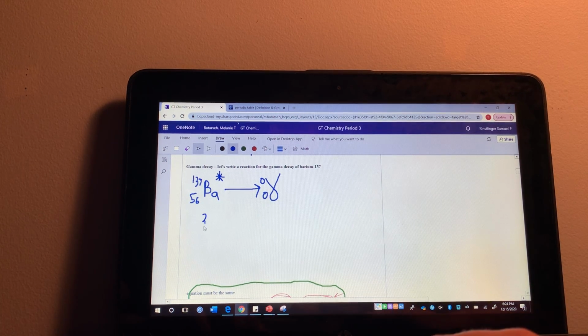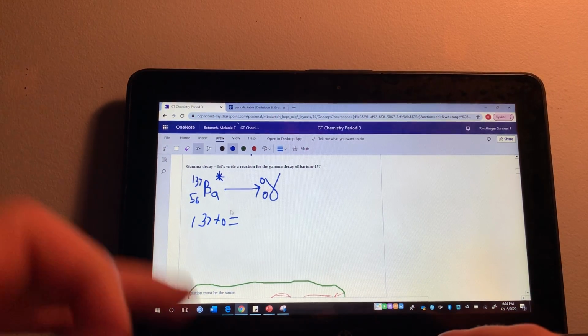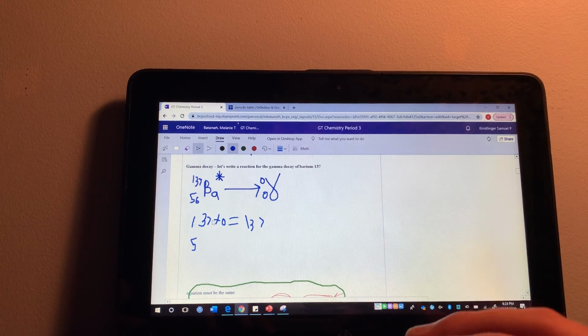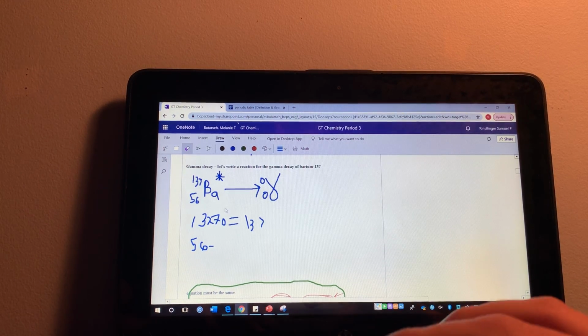And we know 137 plus 0 equals 137, and 56 equals 0 plus 56. I'm just showing this for you guys, but you should be able to do it in your head. On a test or something, I recommend showing your work for the other two, but for this one it's not necessary. The star is the only part people forget sometimes.